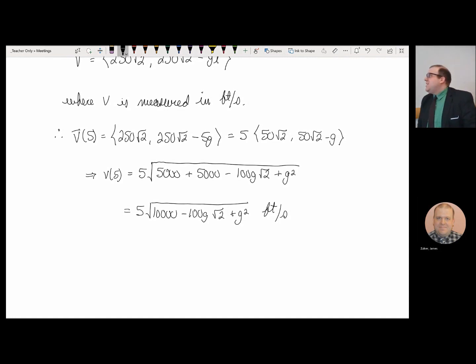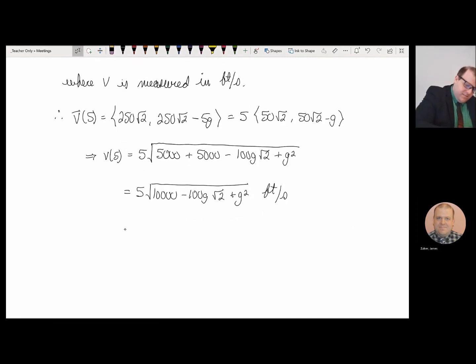So now plug in g as approximately what? We're in feet, so 32 feet per second per second. Should get about 403 feet per second.